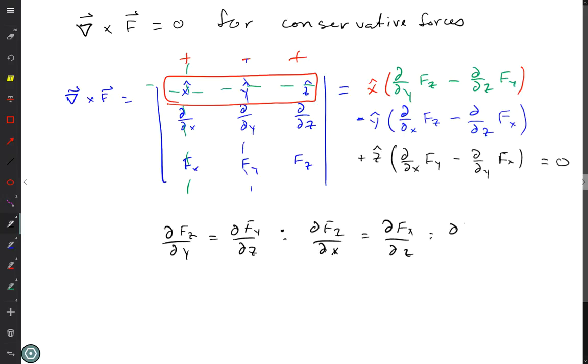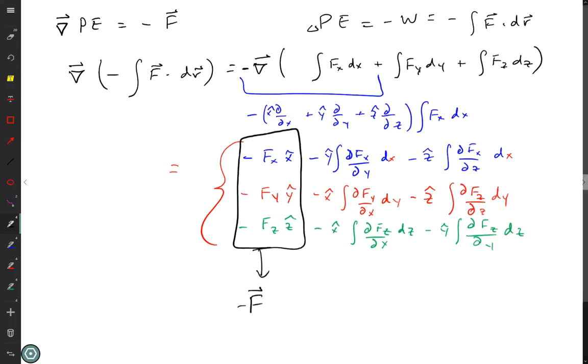And finally, dfy dx must equal dfx dy. So I have those three relationships that came from the demand that if I have a conservative force, the curl is 0. So now let's take these and go back and look at these.